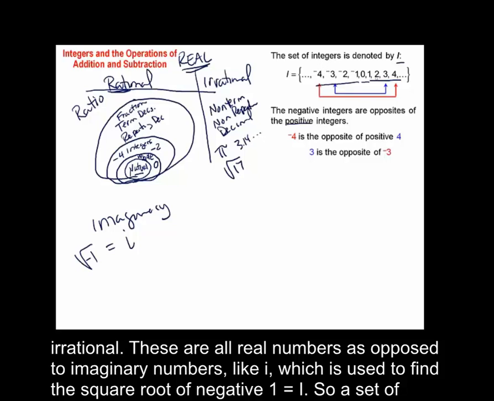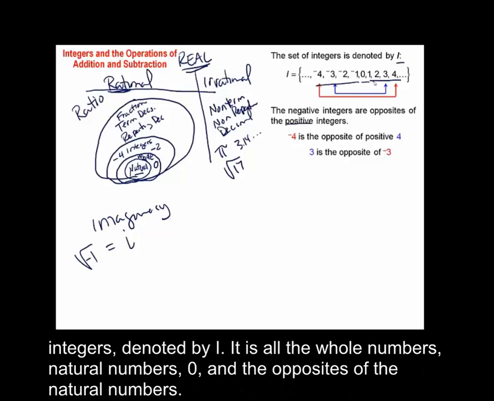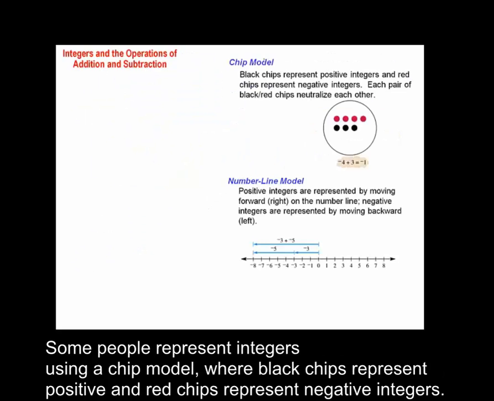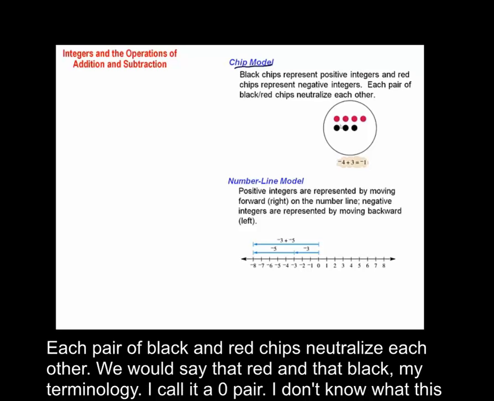So the set of integers is denoted by I. It is all the whole numbers, or natural numbers, 0, and the opposites of the natural numbers. Some people represent integers using a chip model, where black chips represent positive and red chips represent negative integers. Each pair of black and red chips neutralize each other.